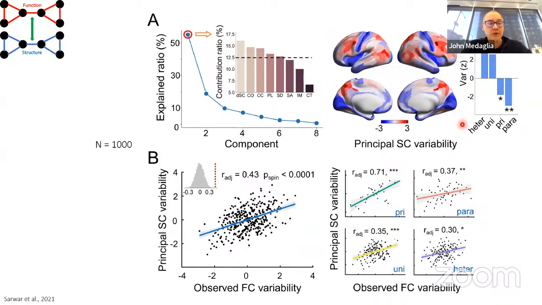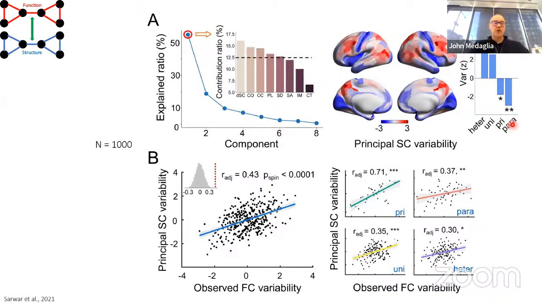And the way they parsed these systems out, because everybody has their own favorite set of systems when they do network analysis, they have a continuum here between heteromodal systems, those that are supposed to be receiving inputs from many systems and involved in a lot of cognitive operations. We have unimodal systems, only should be getting one. We have, I'm going to forget for a moment the PRI, it'll come back to me. And then we had paralimbic systems.